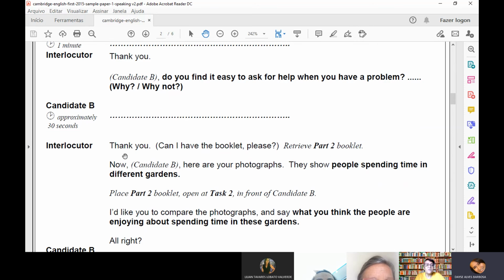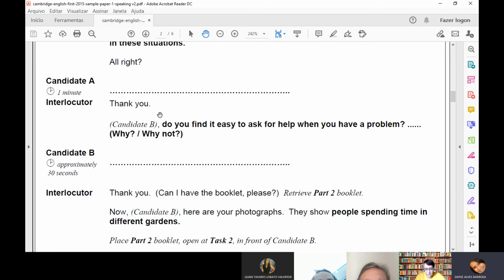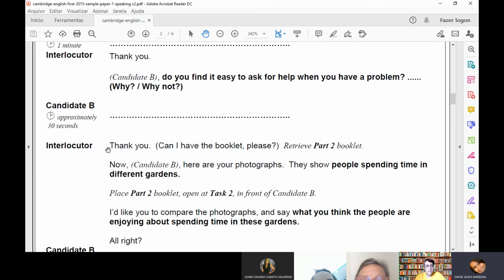And then after he finishes, the interlocutor will say, thank you, can I have the booklet, please? Okay, he or she, the interlocutor, will always say that.